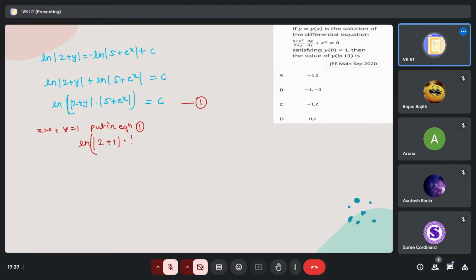So finally it will become ln of mod 3 into 6, right? 3 into 6, that is simply 18. Since it's a numerical value, we can directly take the positive sign. So ln 18 is the value you are getting for c. Is it correct?